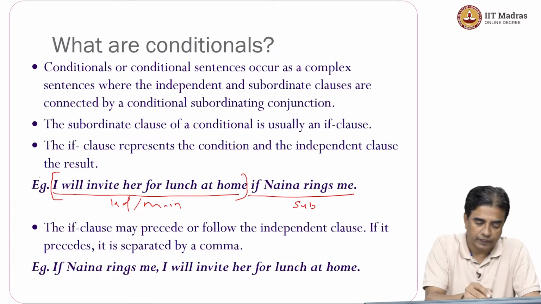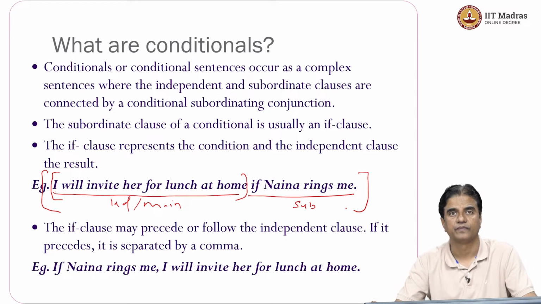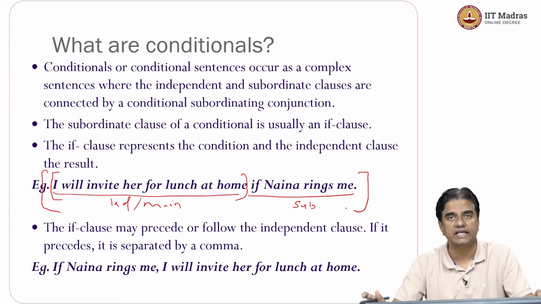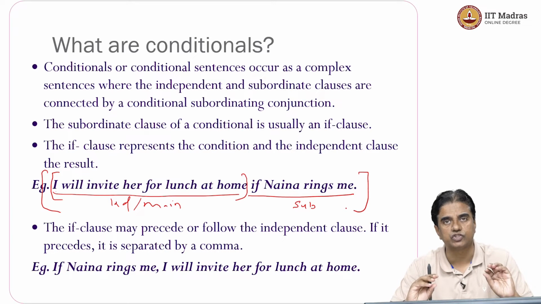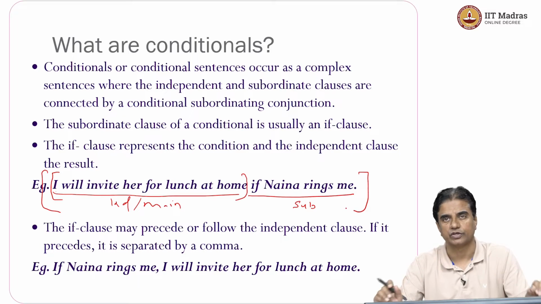Now, in the context of the totality, this whole thing is one sentence. And therefore, we call it a complex sentence because it contains two parts, the main clause and subordinate clause. Please understand, we call this one sentence because a bigger sentence, a complex sentence, is also a sentence.